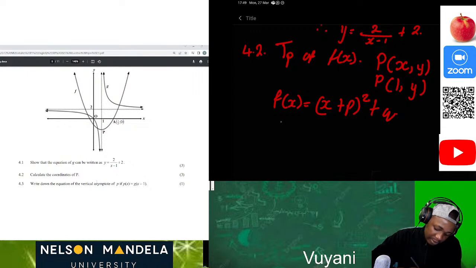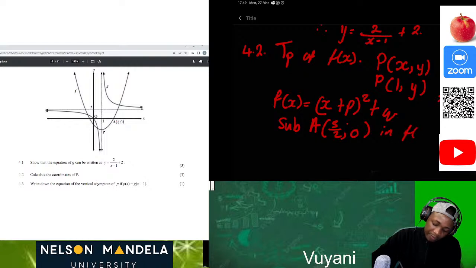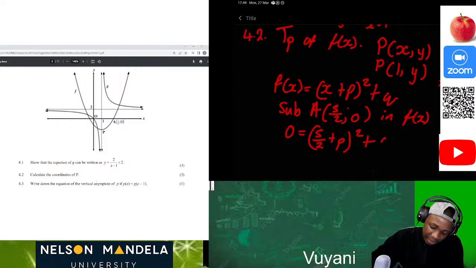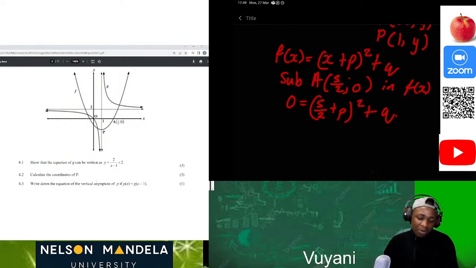So for f of x, we have a point A, which is (5 over 2, 0). Let's start by substituting A (5 over 2, 0) in f of x. So this will be 0 is equal to (5 over 2 plus p) squared plus the value of q. But we already know, guys, that P is (1, y).